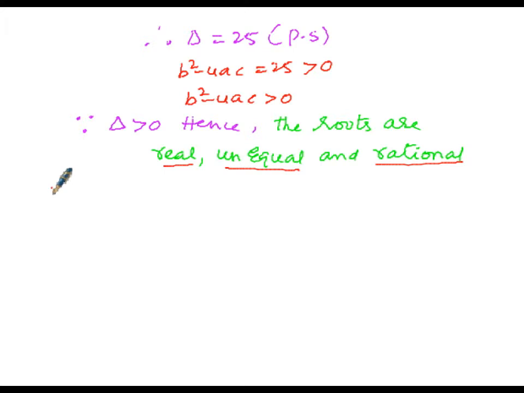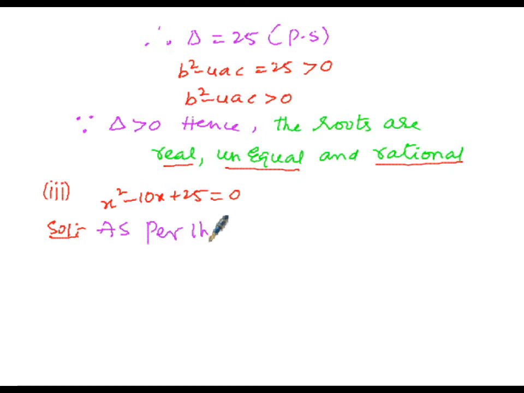That is the third problem: x square minus 10x plus 25 is equal to 0. So the solution starts now. As per the problem, the equation which is given is x square minus 10x plus 25 is equal to 0.